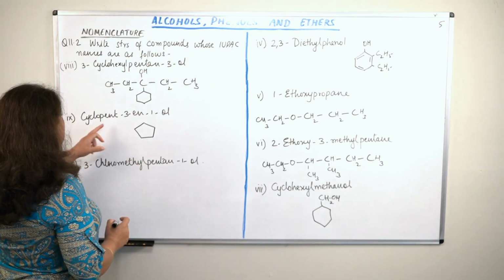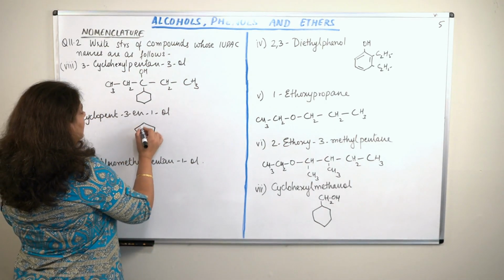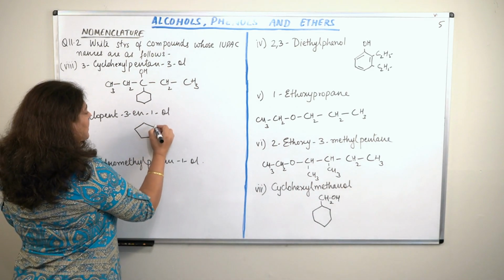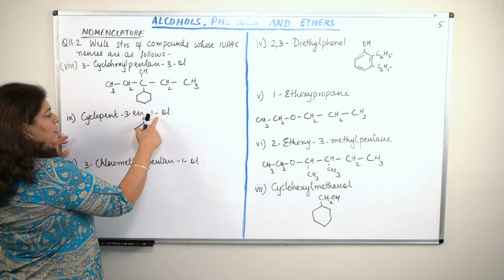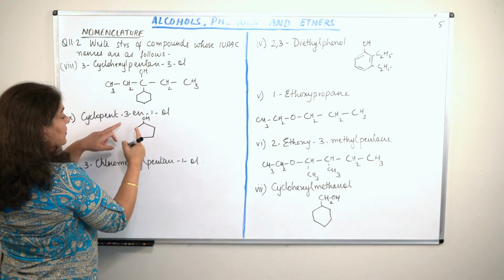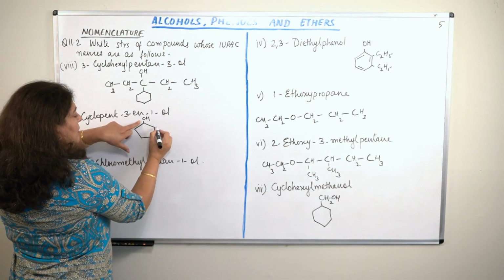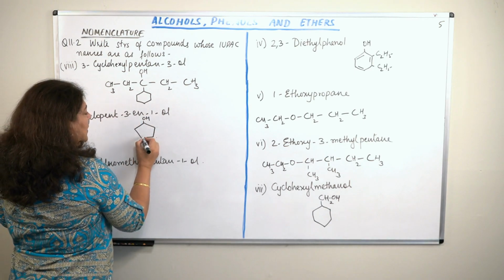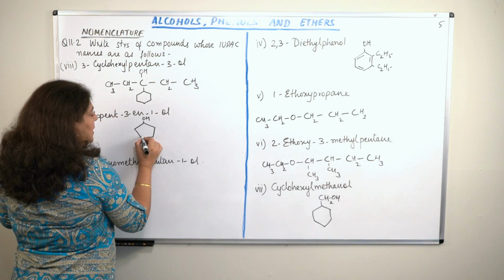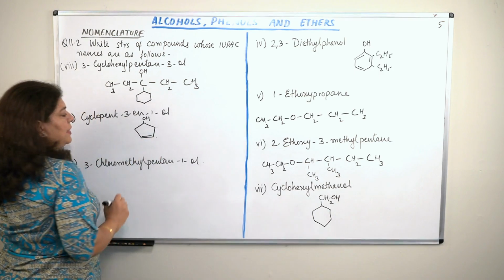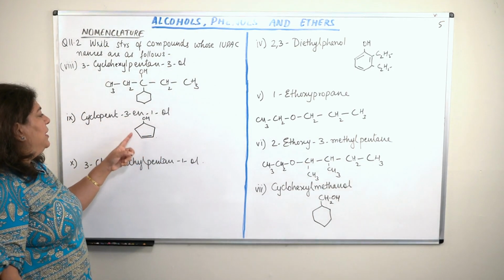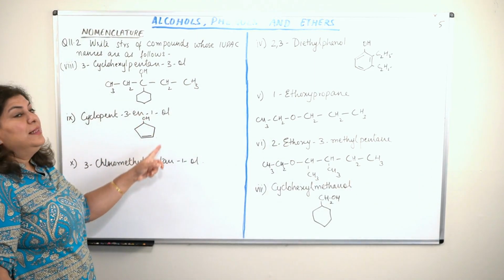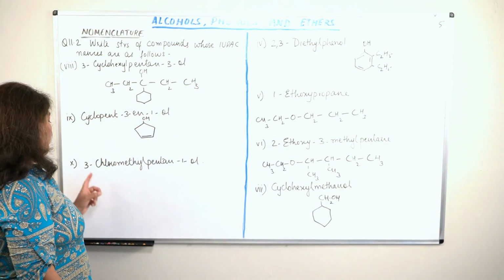Let us say this is 1, so this is OH here. If this is carbon 1, this is carbon 2, this is carbon 3, and the third carbon is unsaturated, which means it has a double bond. So it is cyclopent-3-en-1-ol. This will be the structure of the compound.